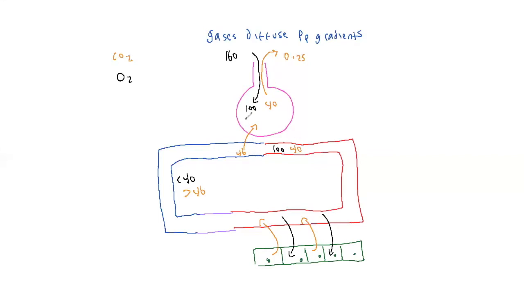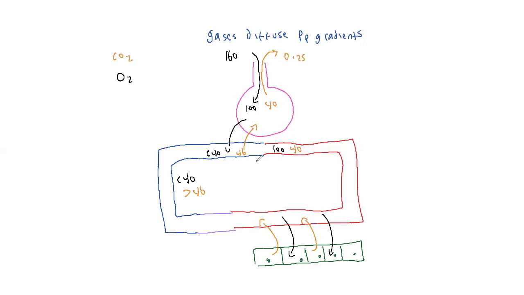And oxygen, of course, is going to go into the blood because now the blood is going to be significantly deoxygenated. We see that it's less than 40. So we have here two partial pressure gradients. An easy way to think about it, which isn't 100% accurate, but it's good as a learning tool: think of the alveoli as always having 100 millimeters of mercury of oxygen and 40 millimeters of mercury of carbon dioxide. It is continuous. It is always.